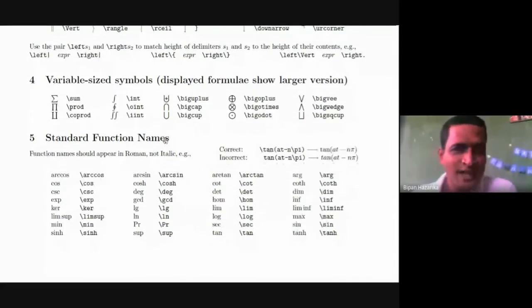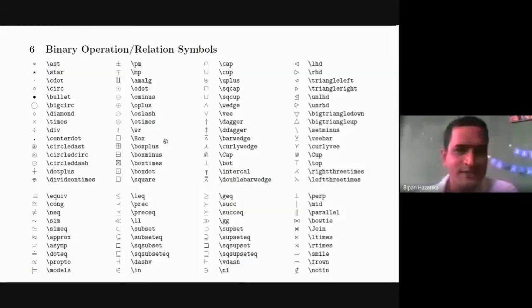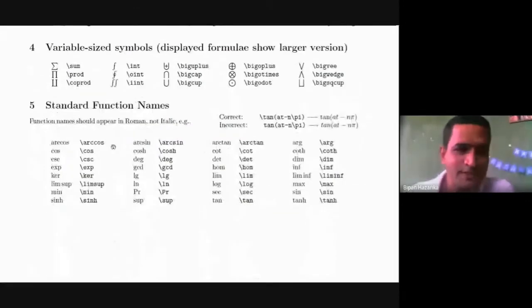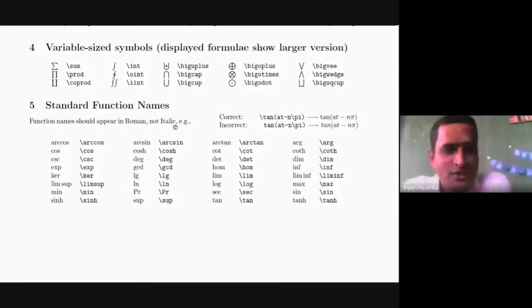Now the different functions. Function names should appear in Roman, not italic. This is a convention in mathematical papers, so your functions definitely come in the Roman style, not in italic form.